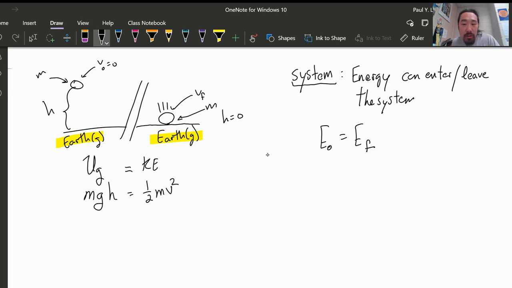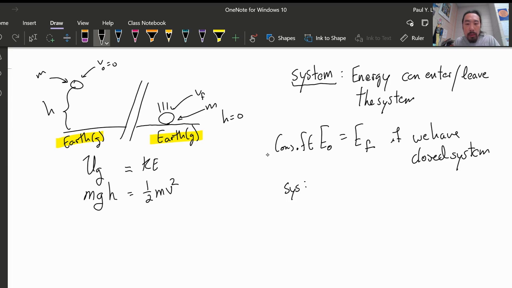Now let's add to that definition. So this is the conservation of energy, right? Our energy initial has to equal our energy final. But this is only true if we have a closed system. The idea of the closed system is that everything that we have in the drawing is our system. So for example, in our beginning problem, our system would be the ball and the Earth.